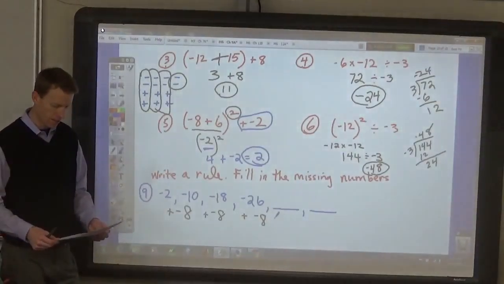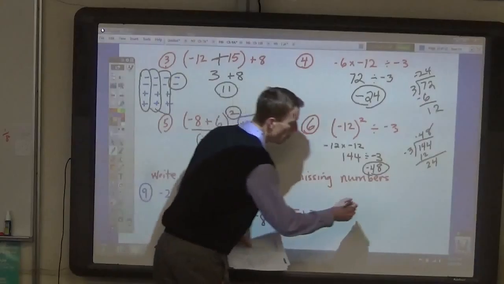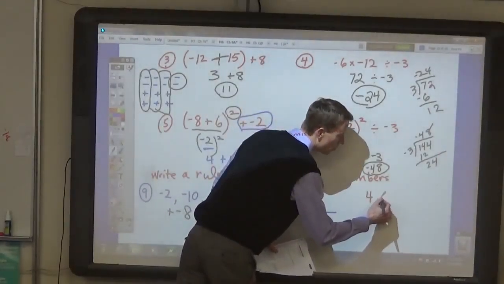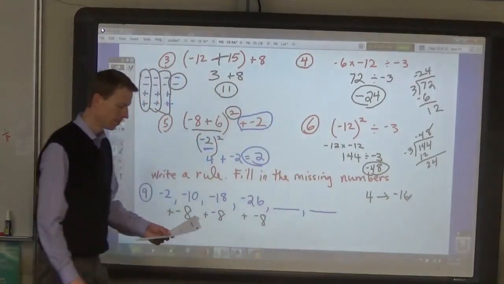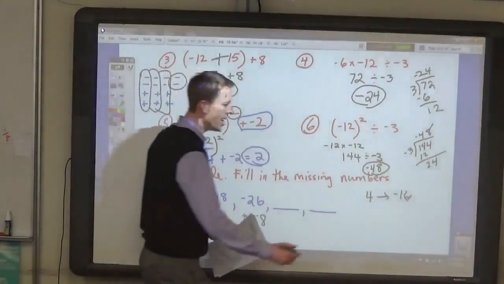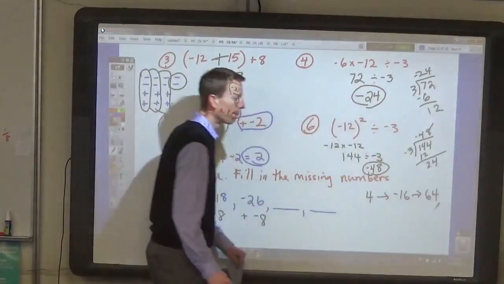Number 10. How would we get from 4 to negative 16, and then from negative 16 to positive 64?